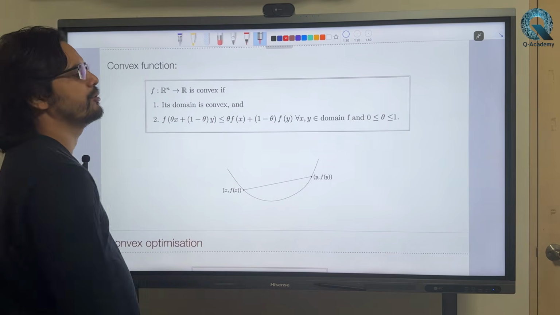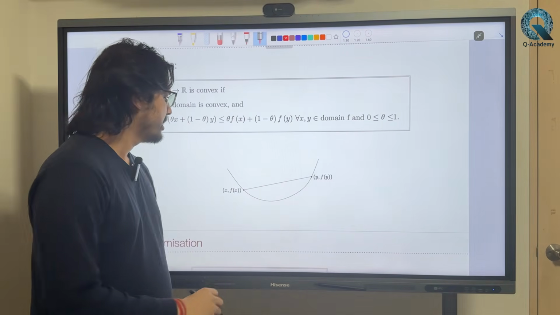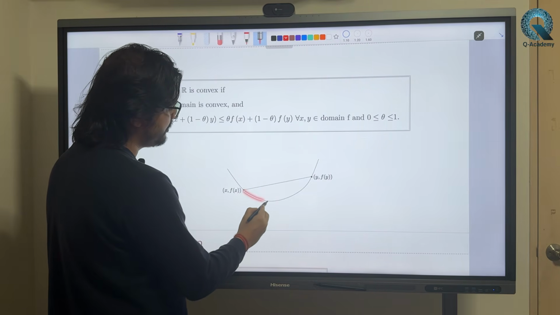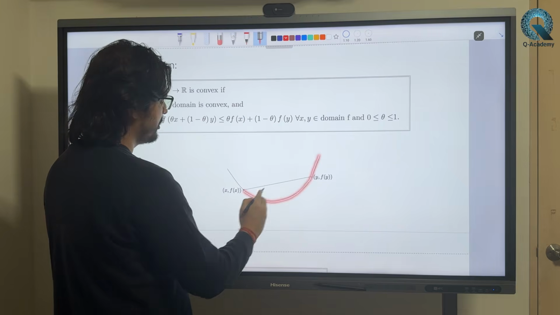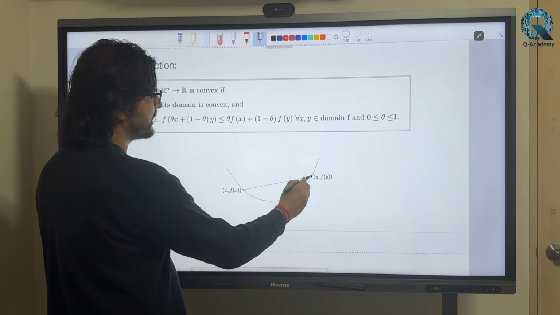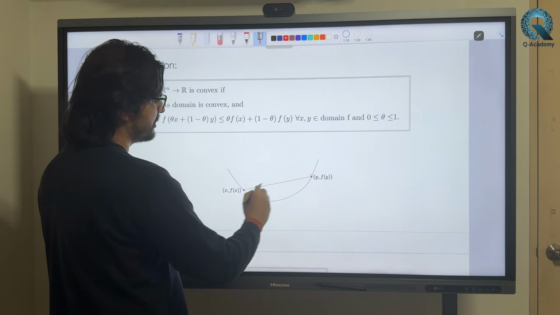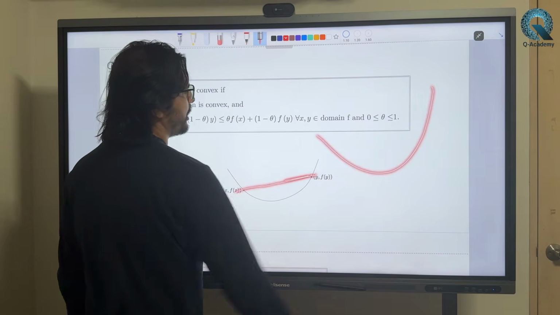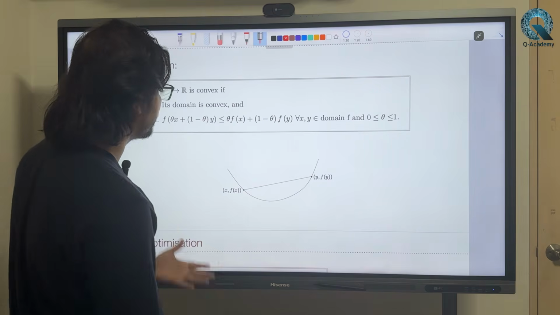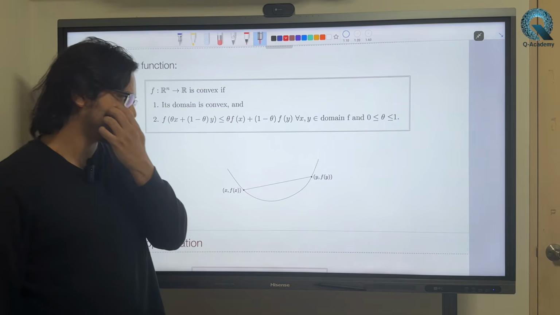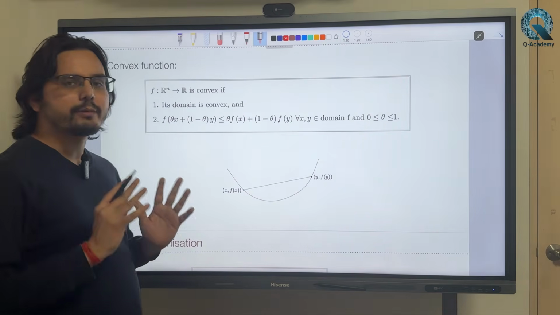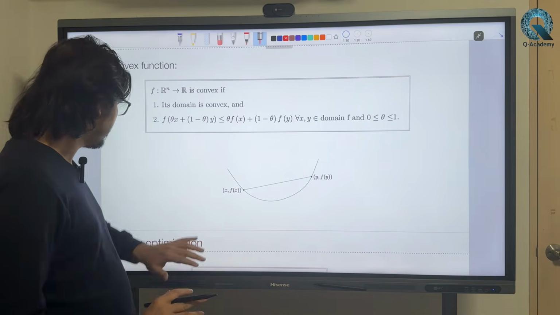Geometrically, it means that the function will always be below the line segment that connects any 2 points x and y. It's like a parabola kind of object. That's how convex functions look. Okay, very nice. So I hope you understand now what is a convex set and what is a convex function.